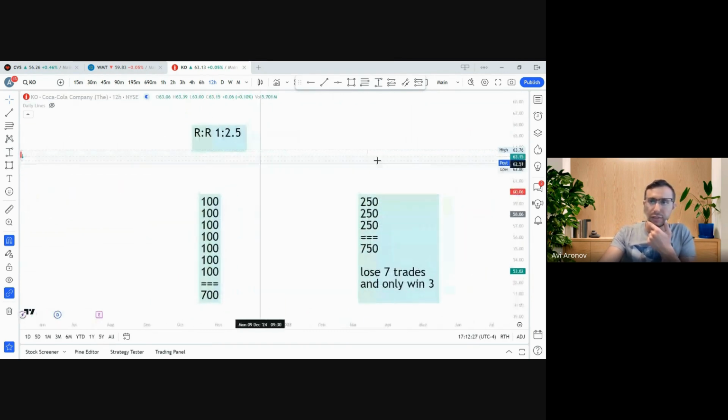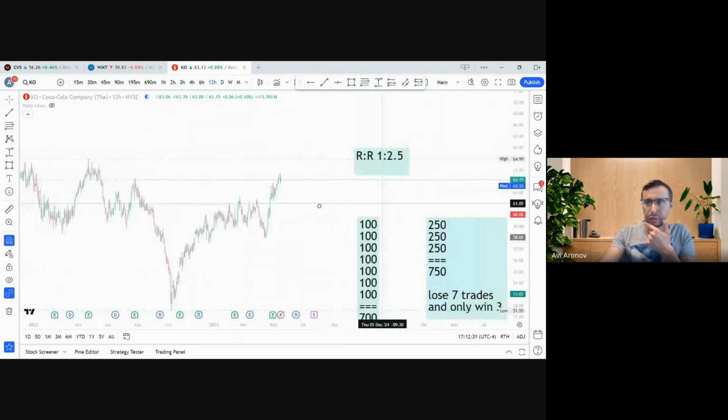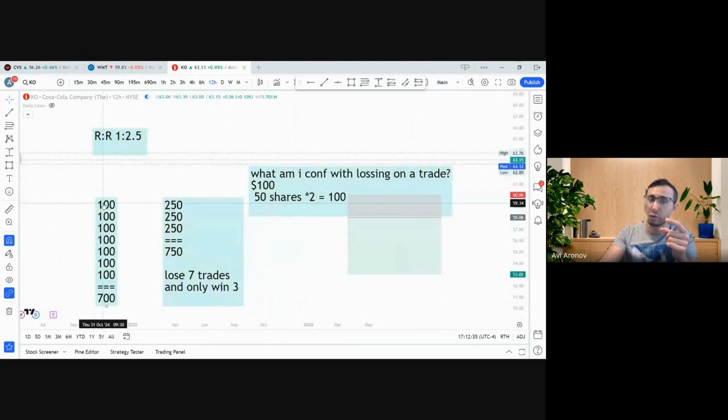Know that, understand that, and follow that to the T, because that's the only thing that will help you grow over time. You can have 7 mistaken trades and only 3 correct, and you will be making money.